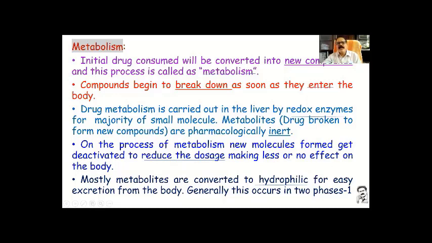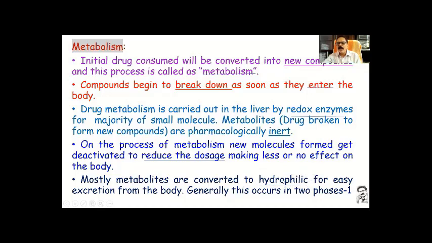The liver plays a critical role in reducing the dose or making the drug less effective, making it polar and throwing it out. Most metabolites are converted into hydrophilic, water-soluble, water-loving or polar molecules. When it is hydrophilic, the drug will come into water.